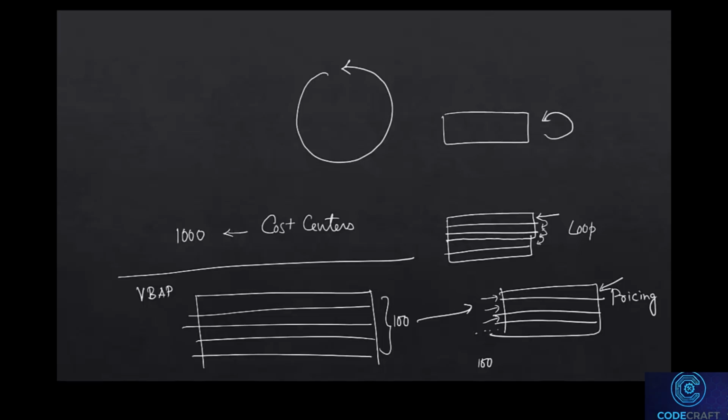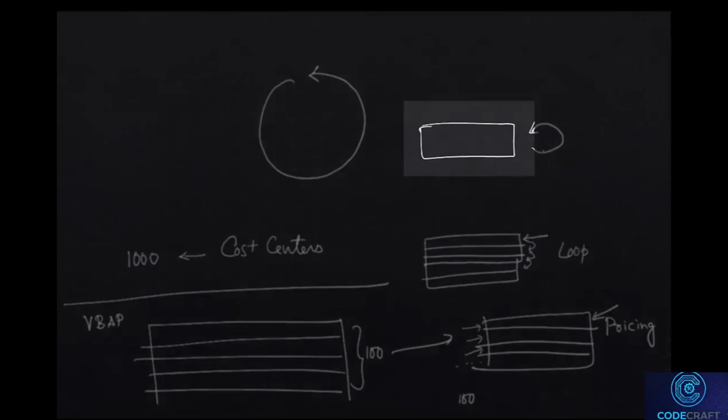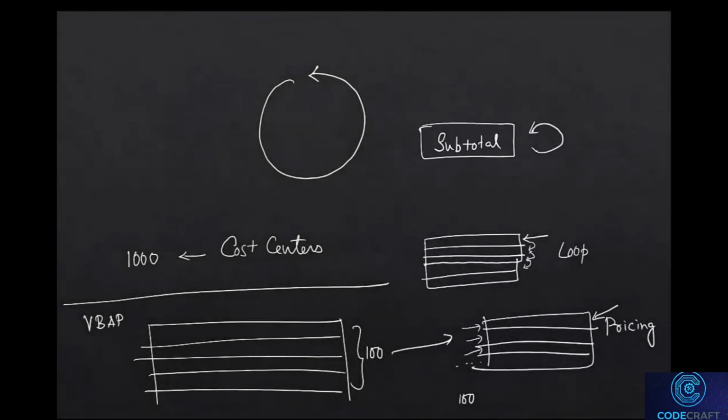Now, in cases like this, when you're trying to debug, if you go step by step, it's going to take a lot of time. Let me tell you why. This block of code right here is executed. Say, for example, you're calculating a subtotal. That's what this block of code is trying to do, and it's calculating the subtotal for every line item. So it loops through this block of code 100 times in this example.